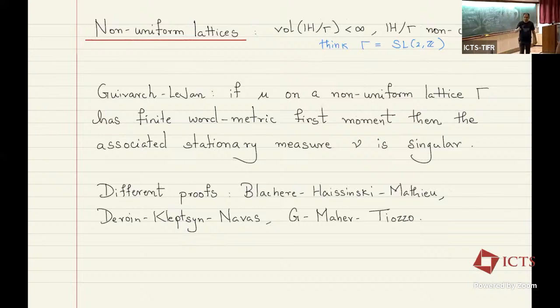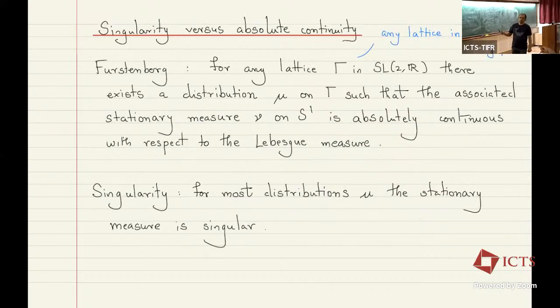So can you give an example for most distributions? It's singular. Can you give an example of where it is absolutely continuous? So the Furstenberg measure is non-constructive. We don't really know, it's taking Brownian motion in the plane and trying to discretize that. So if you ask me, what is the probability of moving from this group element to that one, I can give you an estimate for it, but not really a precise answer.